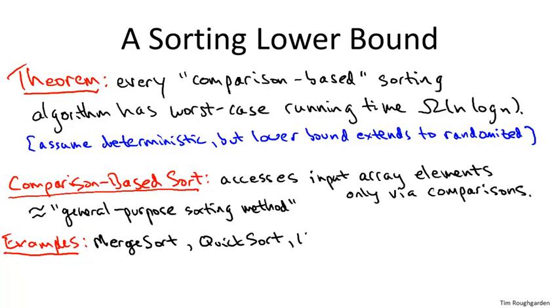Similarly, the only thing quicksort does with the input array elements is compare them and swap them in place. For those of you that know about the heap data structure, which we'll be reviewing later in the class, heap sort, where you just heapify a bunch of elements and then extract the minimum n times, that also uses only comparisons.